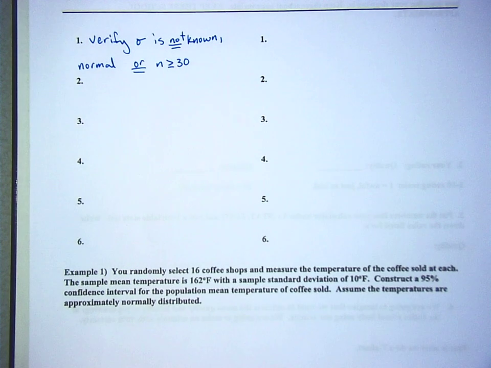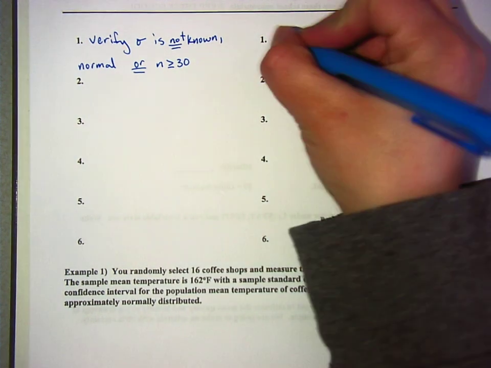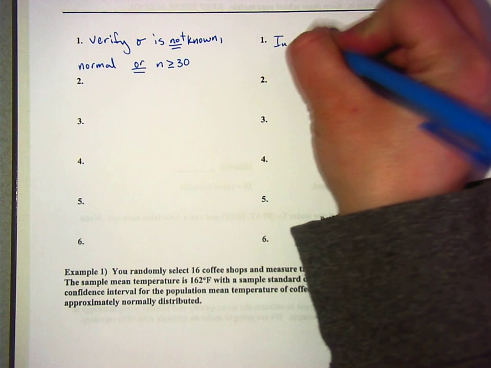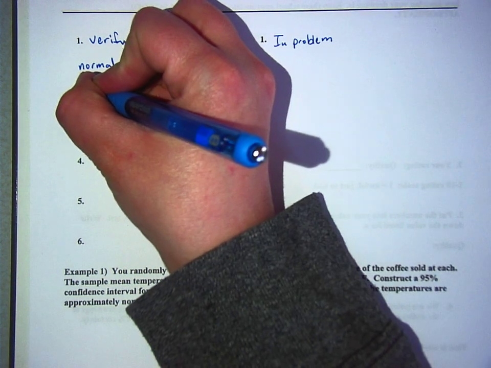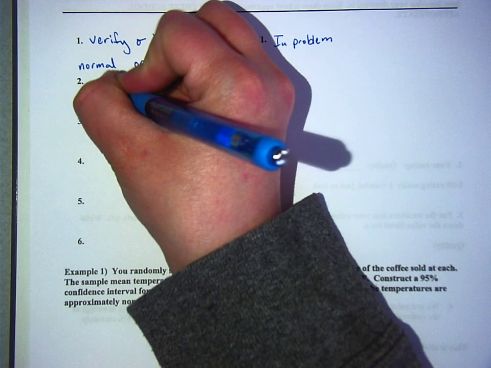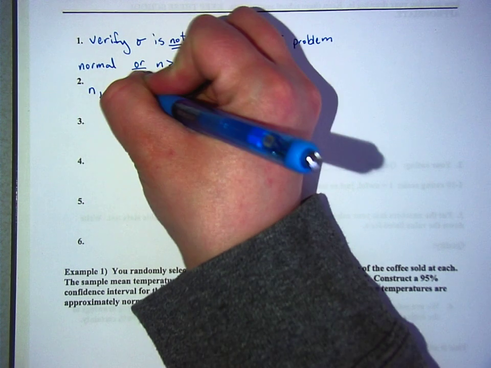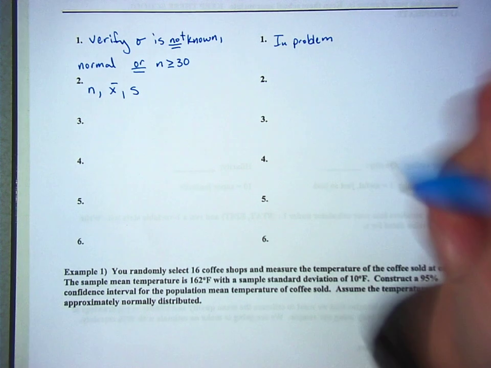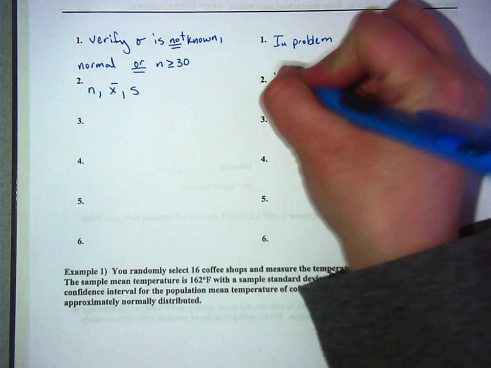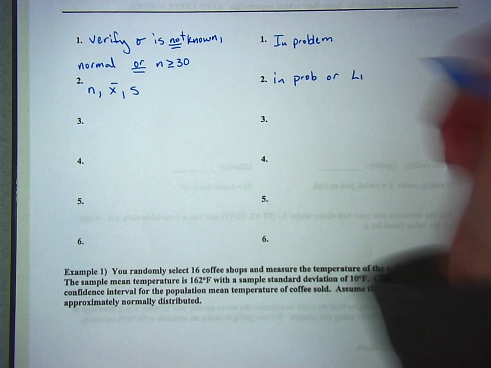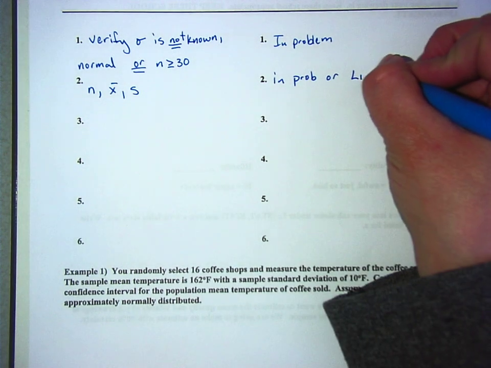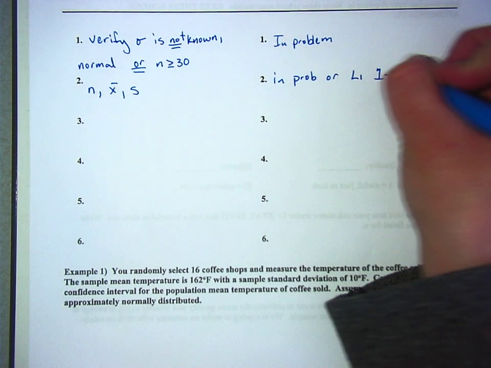All right, so this is in the problem. Number 2, you got to find your sample statistics, n and x bar and s. This is in the problem, or you might need to use your L1 and then one variable stats.